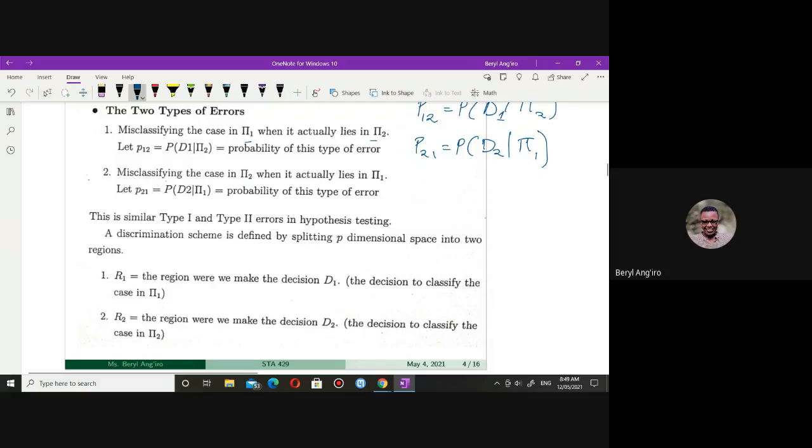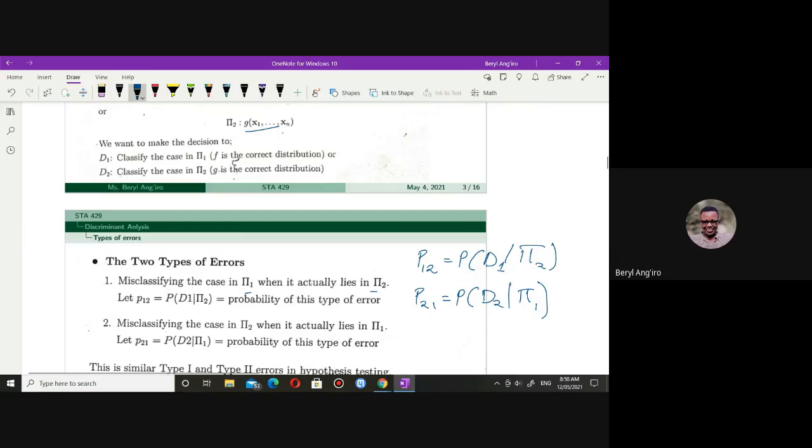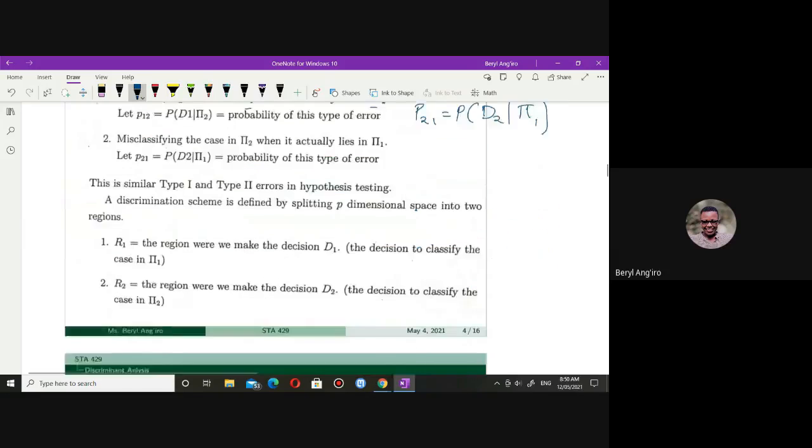A discrimination scheme is defined by splitting the p-dimensional space into two regions. So we can split the p-dimensional space into two regions, R1 and R2, where R1 is the region where we make the decision D1. And remember, decision D1 is classifying into population 1.